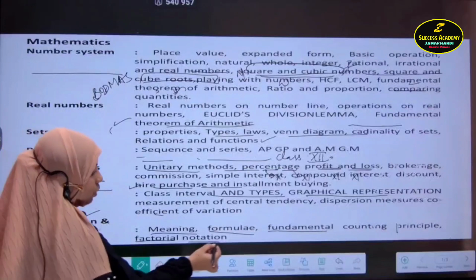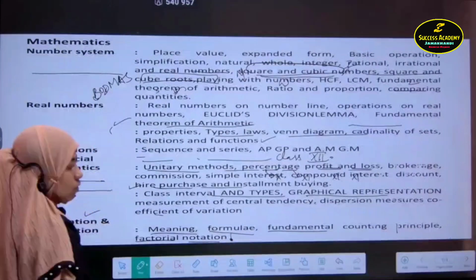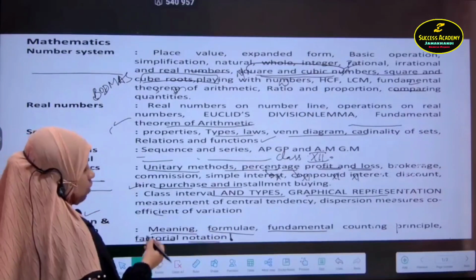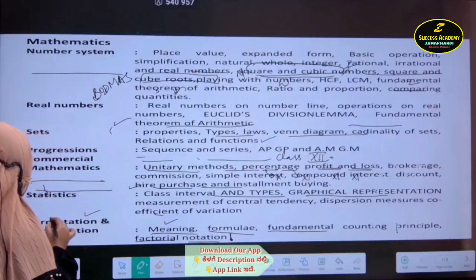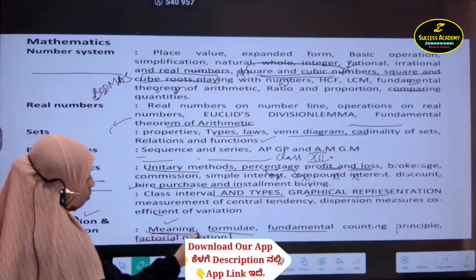How to represent factorial notation? You might have observed factorial notation. What is the actual difference between permutation and combination? What is the actual meaning?